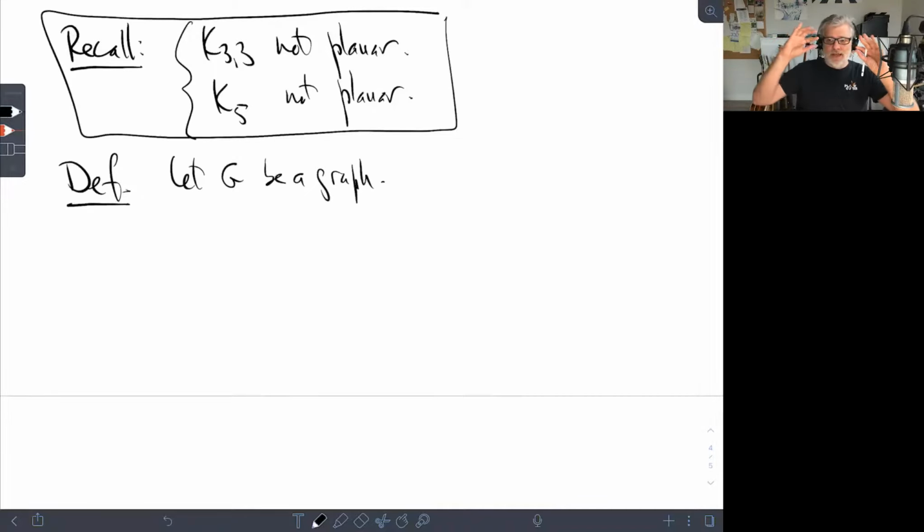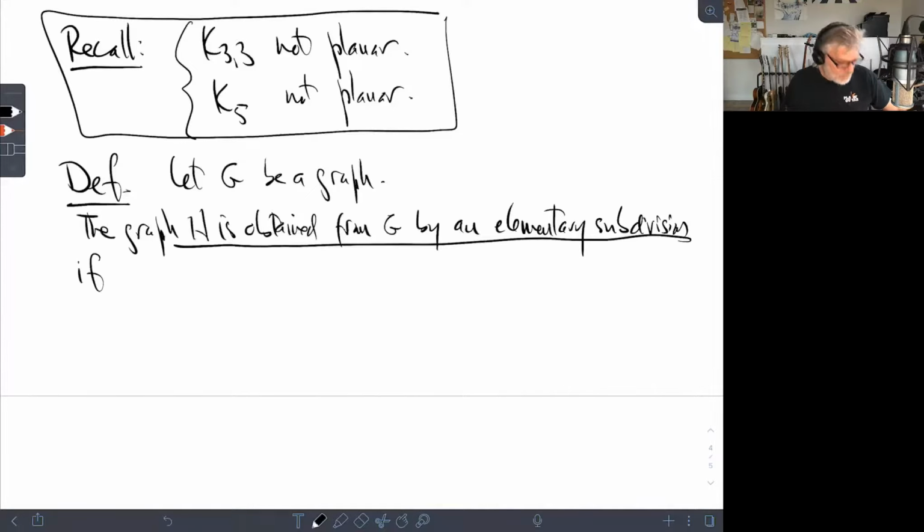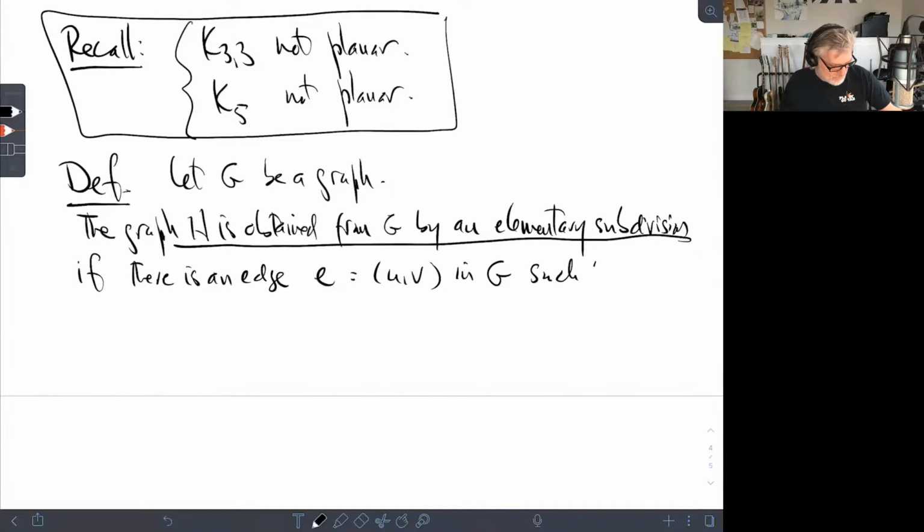So here's the way I'm going to do it. I'm going to take an edge of G, and I'm going to basically add a vertex in the middle of the edge. I'm going to subdivide this edge. So I want to write this properly. The graph H is obtained from G by an elementary subdivision if there is an edge, let's call it E, connecting vertices U and V in G, such that H is obtained from G as follows.